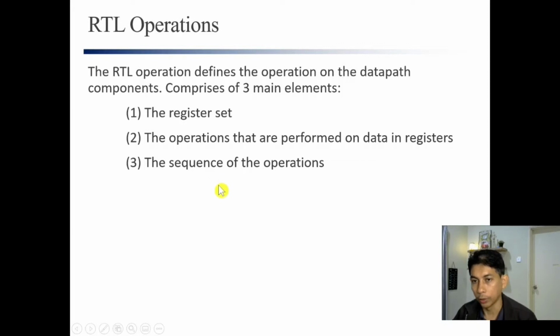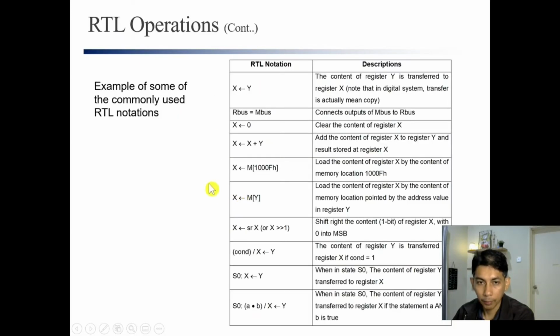First, what we want to do; second, what we want to do; and third, and so on and so forth. All right, the sequence. We will do all of this in RTL design. So this is the RTL operation that we will use in this chapter and also in the next chapter.